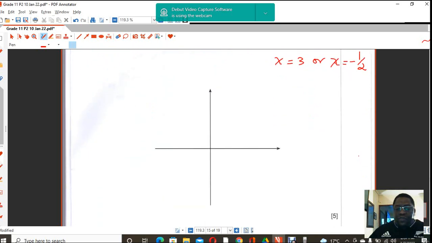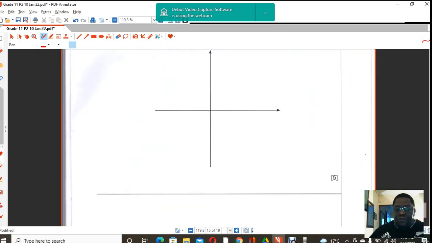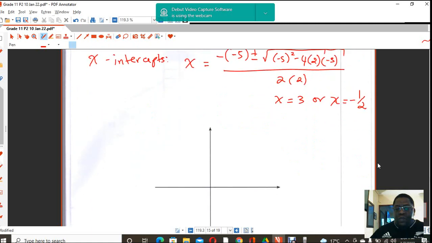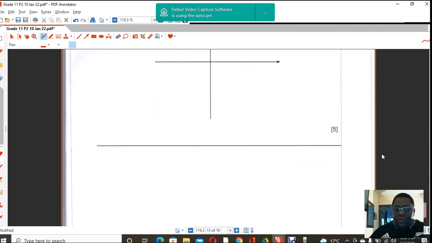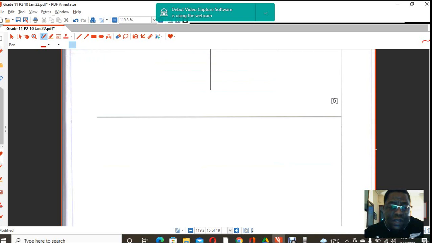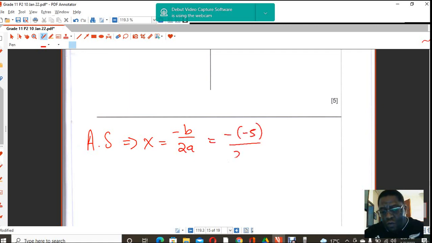And I would also like, just for convenience, to find what the turning point will be. Now, here's something that I probably have to bring to your attention. The axis of symmetry is found by x equals minus b over 2a, and our b happens to be negative 5, over 2 times a, which is 2. So it's 5 divided by 4.